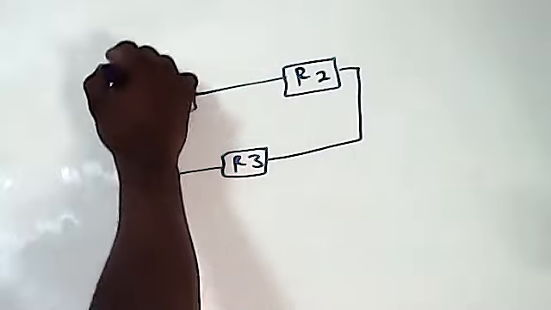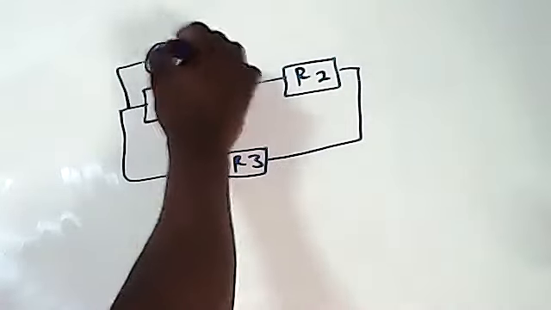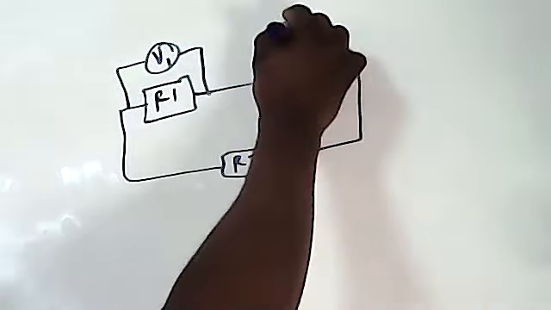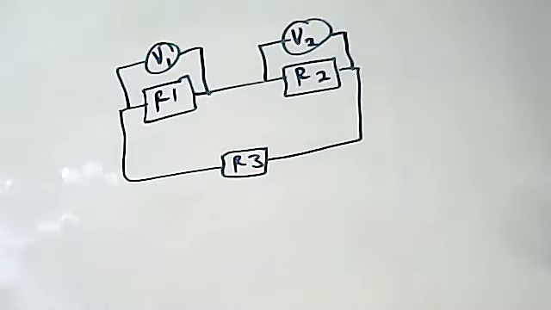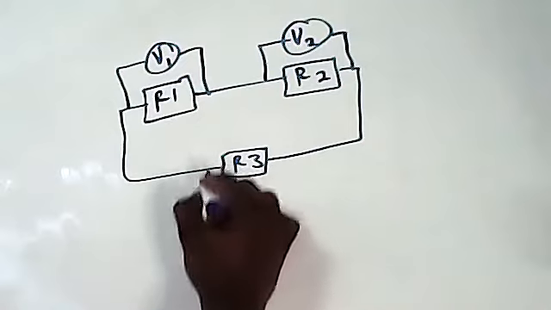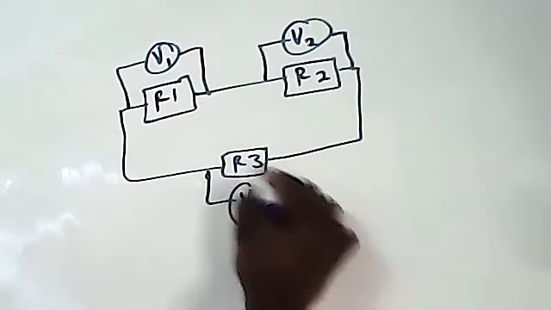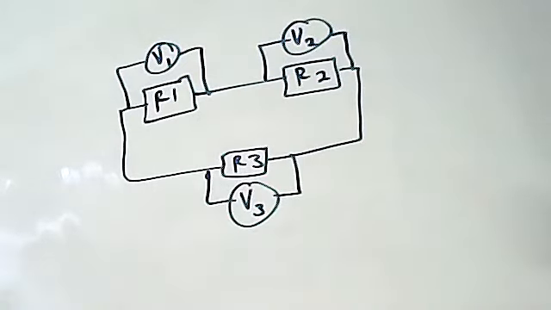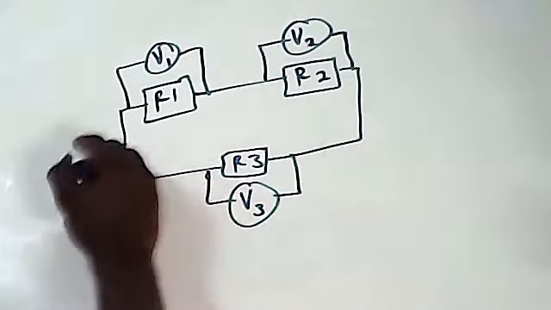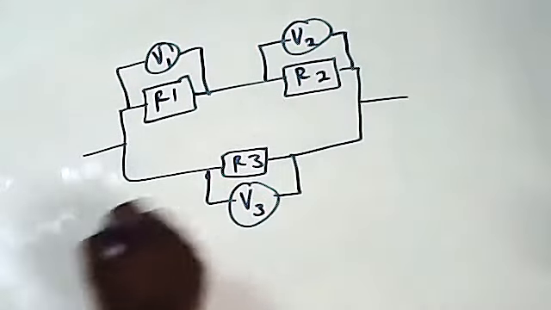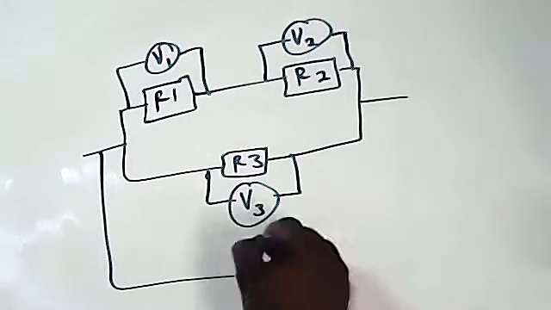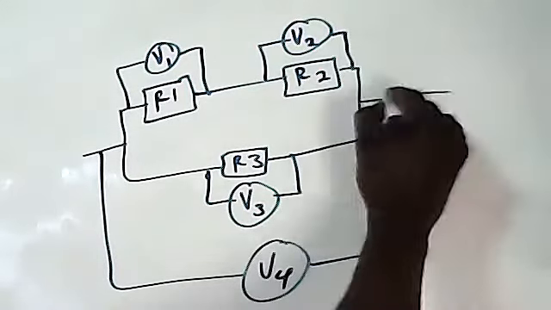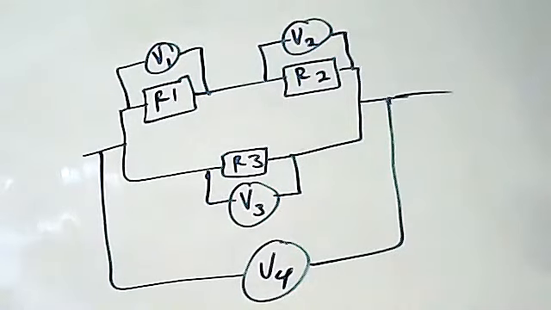So let's say across this one, we have voltmeter 1. Across this one, we have voltmeter 2, and then we have voltmeter 3 across this one. And then the whole thing is connected to voltmeter 4.